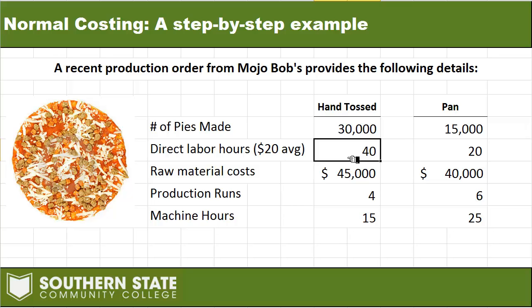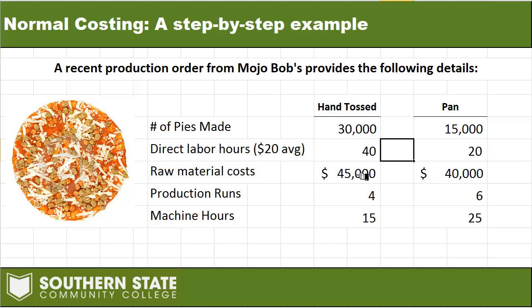Our hand tossed is 40. So the hand tossed is twice as labor intensive because you have to have people throwing the crust in the air and catching it over and over to get it ready. So we're talking about allocating $1.25 million of overhead, but we're doing it in a way that really isn't fair to the hand tossed, because the pan pizza is really getting half of the overhead allocated to it that the hand tossed is, due to the direct labor hours.